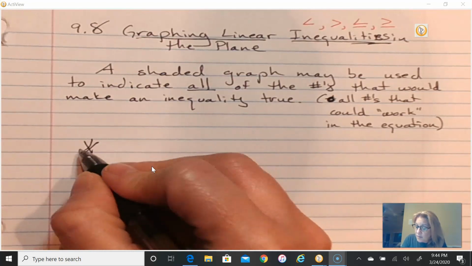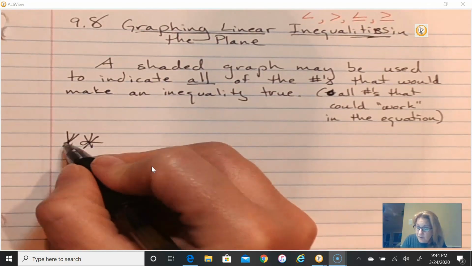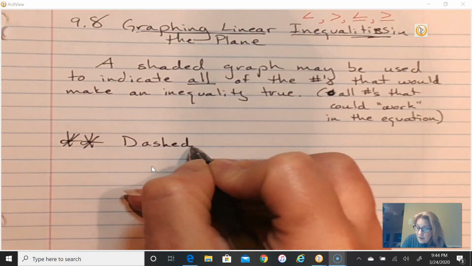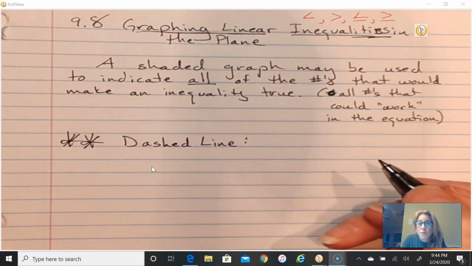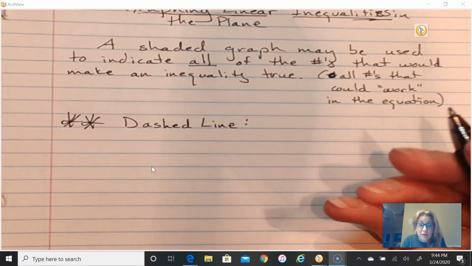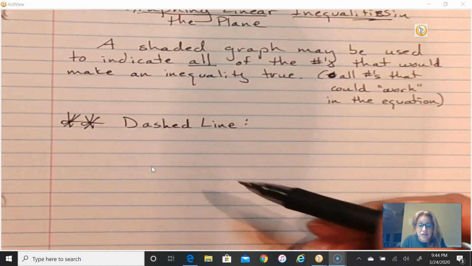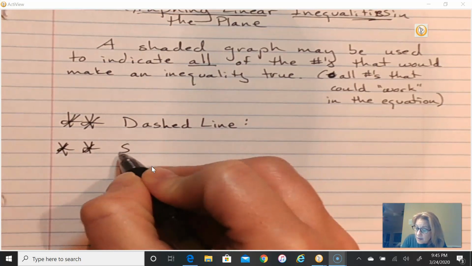One thing you've got to remember, this is very important, is why there's a star there. In fact, I'll put 2 stars. A dashed line will be used. You know how we've been graphing lines? You've been drawing lines all over the place? Well, this time we're going to be either drawing a dashed line or a solid line.